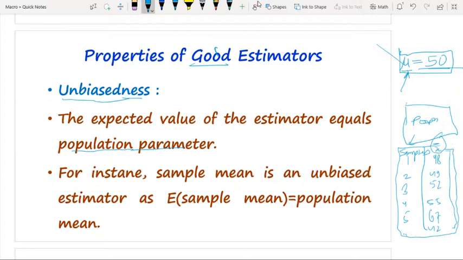The technical definition is that an estimator is unbiased if its expected value, which is the average value, equals the population parameter. We will show this concept with an example in Excel. For instance, the sample mean is always an unbiased estimator of the population mean.